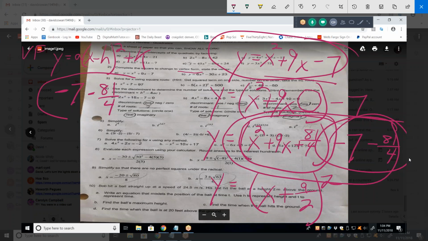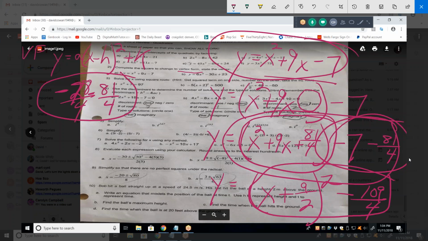How do we do that? Good. Find a common denominator, which is 4. Okay. Now what? You got minus 28 fourths, minus 81 fourths. There's your answer.